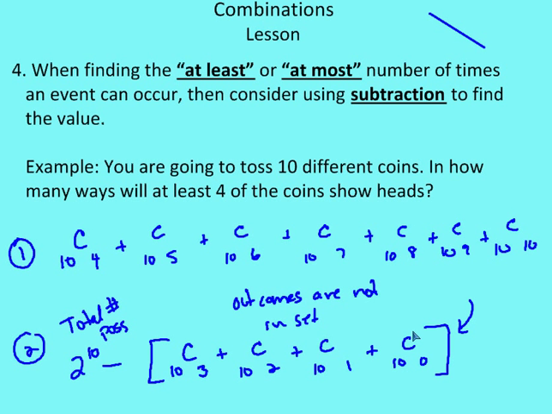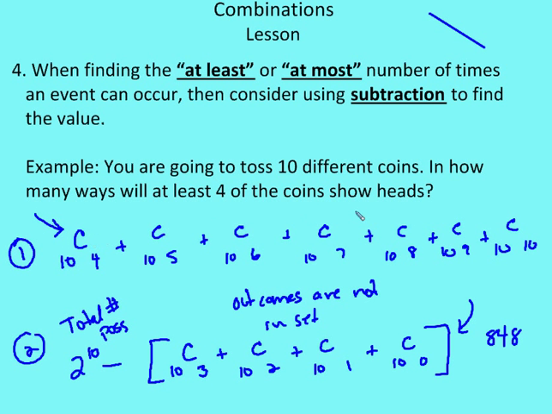So if we take 1,024 and then subtract 120, then 45, then 10, and then 1, we're going to end up with an answer of 848 as the total number of different combinations we'll have when we toss 10 different coins and at least four of them are going to show heads.